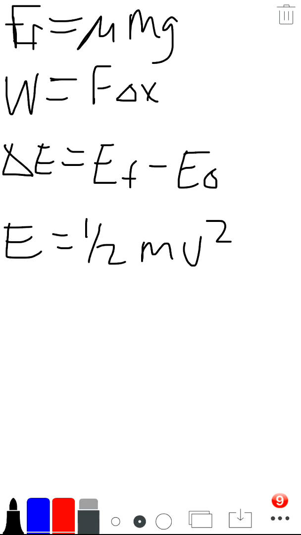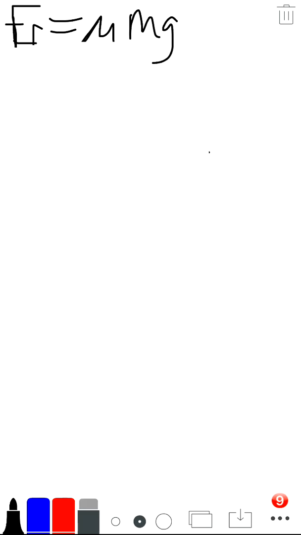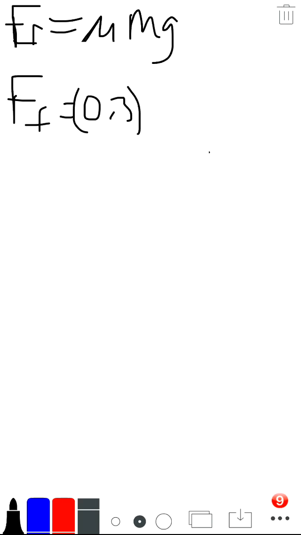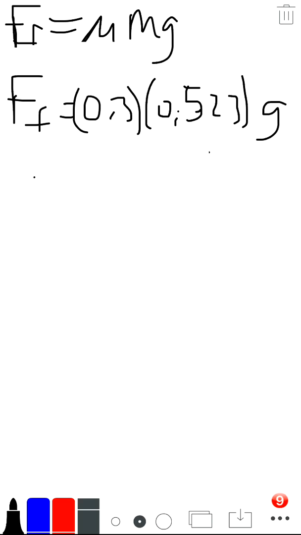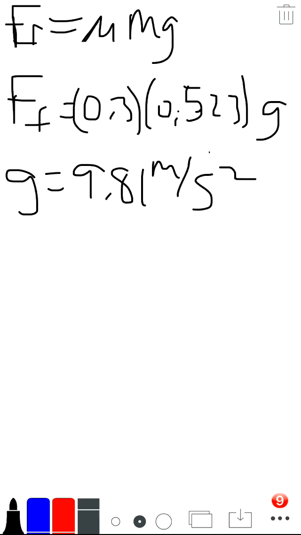Alright, so if we come back up here to the top and start with this first equation, we say the force due to friction is equal to 0.3, that's unitless, times the mass. We're going to use kilograms as the mass, so 0.523 kilograms, times gravity, and gravity is equal to 9.81 meters per second squared.